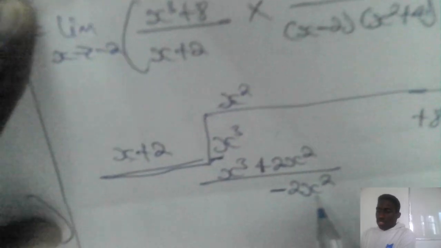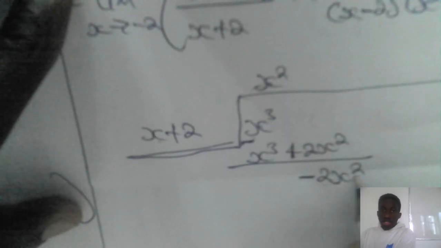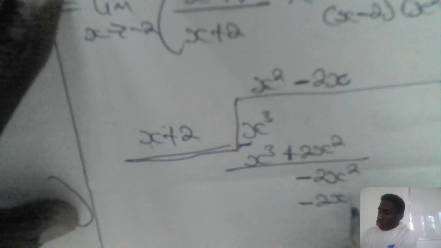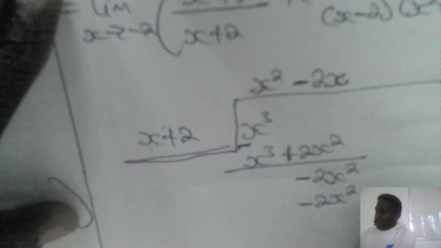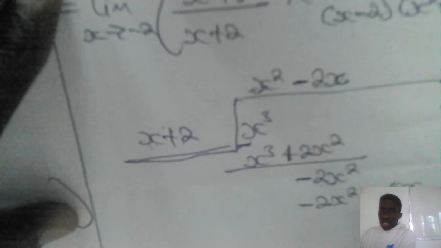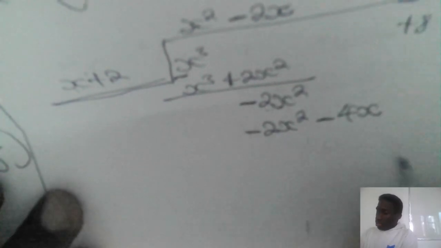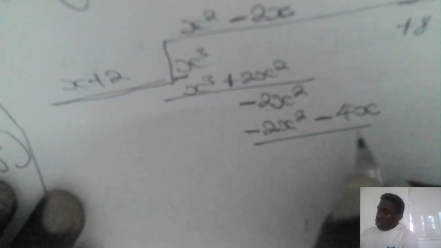We seek to divide again, do the cycle again. So minus 2x squared divided by x gives us minus 2x. Then minus 2x multiplied by x gives us minus 2x squared. Minus 2x multiplied by plus 2 gives us minus 4x. So we are making progress, and we seek to subtract.